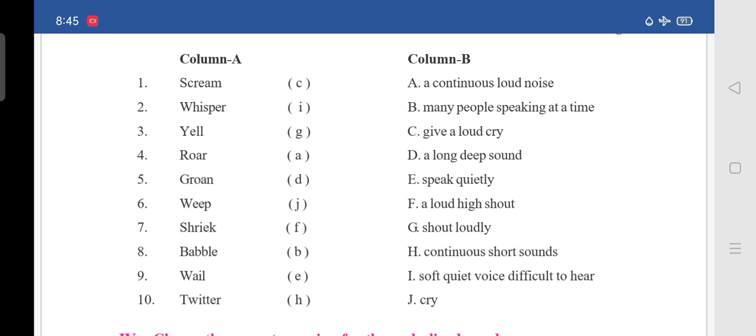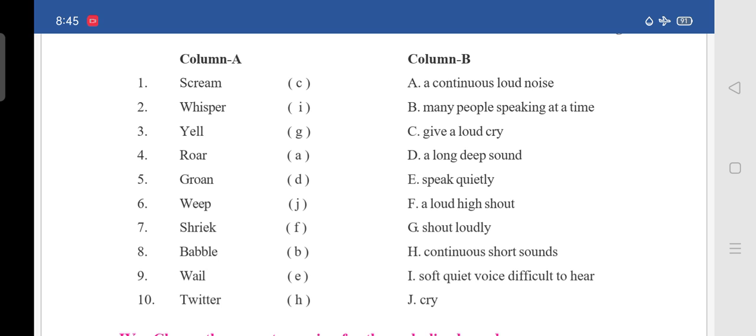Seventh is F. Eighth, babble means many people speak at a time. Eighth is B. Ninth, wail means speak quietly. Ninth is E. 10th, twitter, continuous short sounds. 10th one is H.